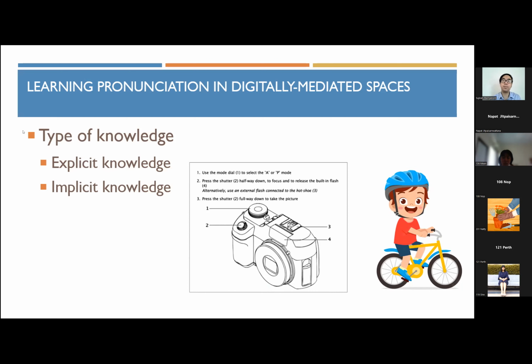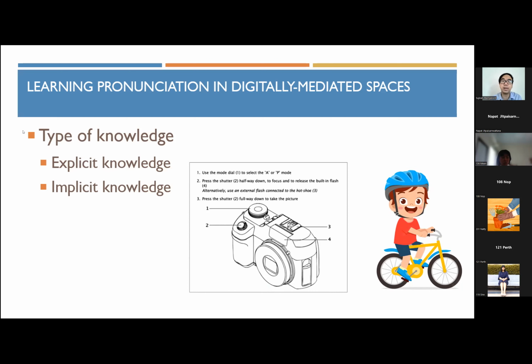So when you learn English as a foreign language, explicit knowledge is when I tell you that f and v are different due to the vibration of the vocal folds. F is voiceless, that is, it is produced without the vibration of the vocal folds, but for v you can sense the vibration here.